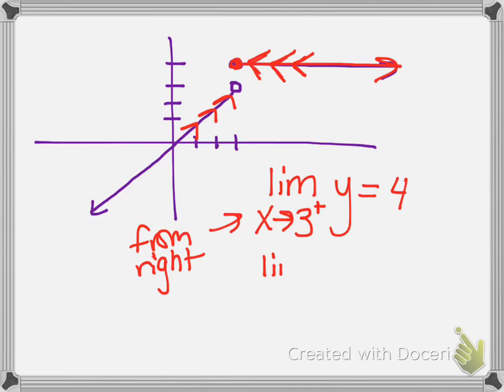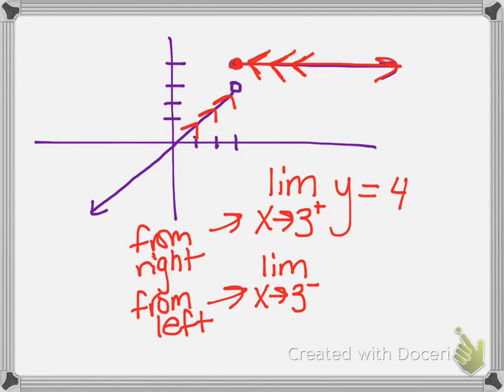Then they would have you do the limit as x approaches 3 from the negative side, which is from the left, or underneath 3. It's what we call a left-hand limit, and the first one was a right-hand limit. So you go to where x is 3 and you go to the left of it. That puts you on this section of the graph. You turn and you head towards 3. And as you head towards that x value of 3, you are now approaching this y value, which is 3.